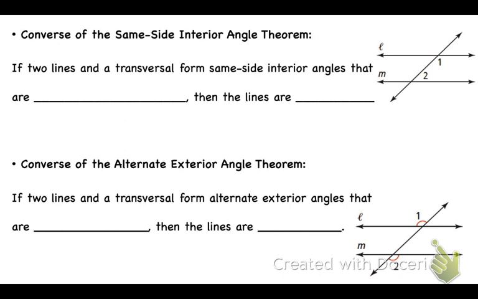So the converse of the same side interior angle theorem says if two lines and a transversal form same side interior angles that are supplementary, then the two lines are parallel.